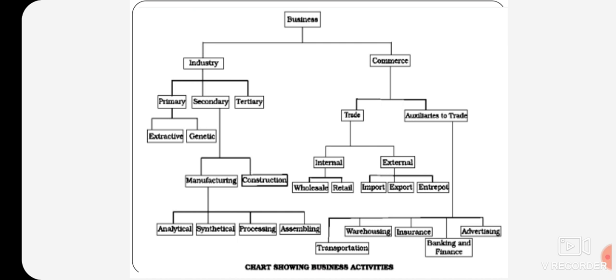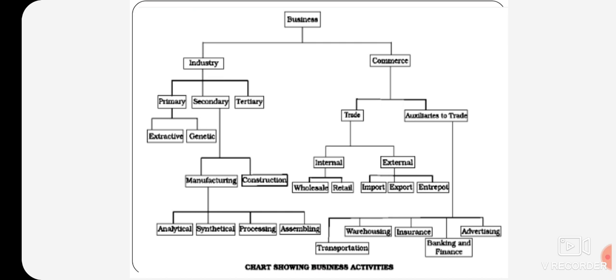So, business activities are to be classified on the basis of these two criteria. That means the classification of business activities can be studied under the following two heads. One is industry, the second one is what? Commerce.